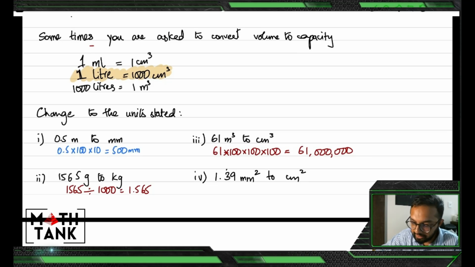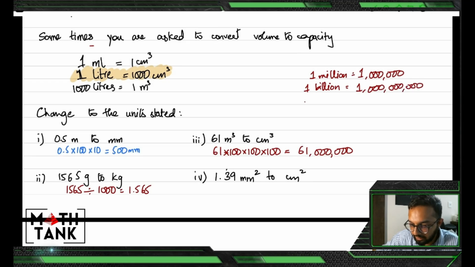You should remember that 1 million is 1 and 6 zeros, 1 billion is 1 and 9 zeros, 1 trillion is 1 and 12 zeros.